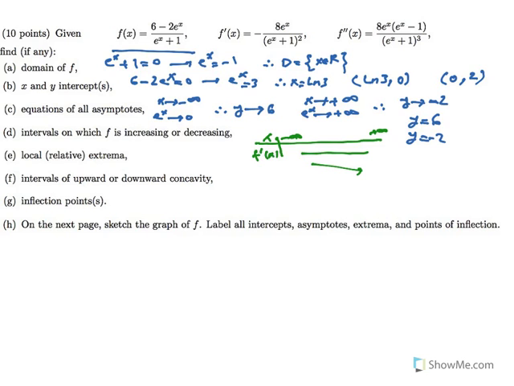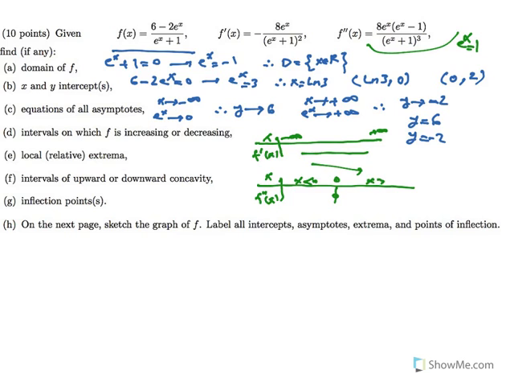Interval of upward or downward concavity. We do the same thing, meaning we draw the sign chart for the second derivative. The second derivative is given here. If you set the numerator to 0, e to the power of x is 1, so x is 0. Less than 0, you pick a number, plug it into the second derivative.